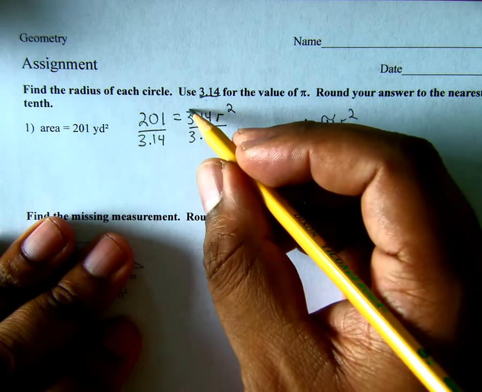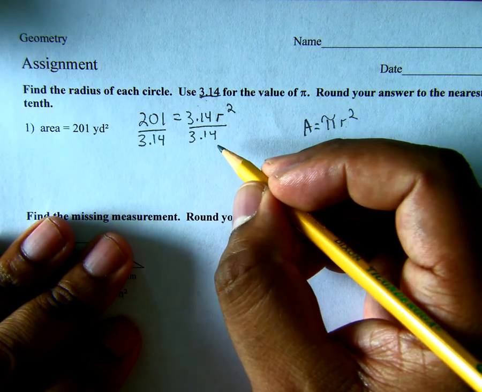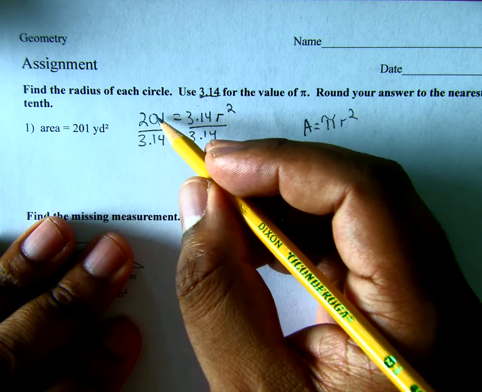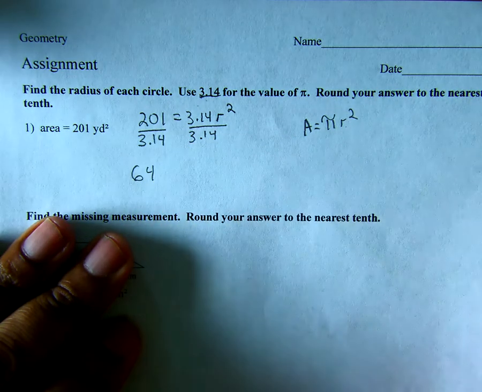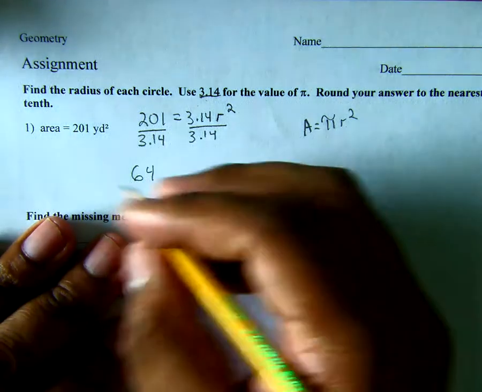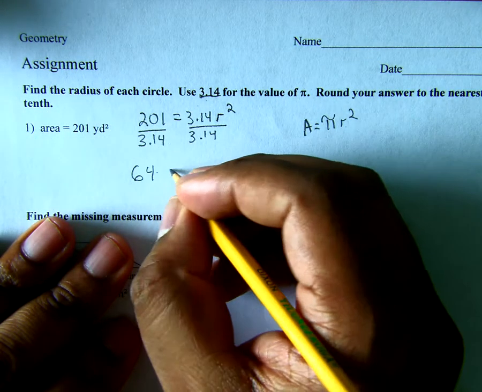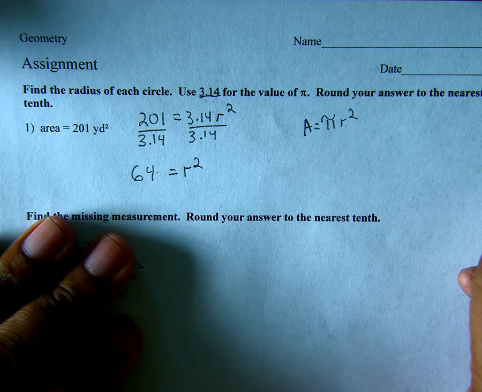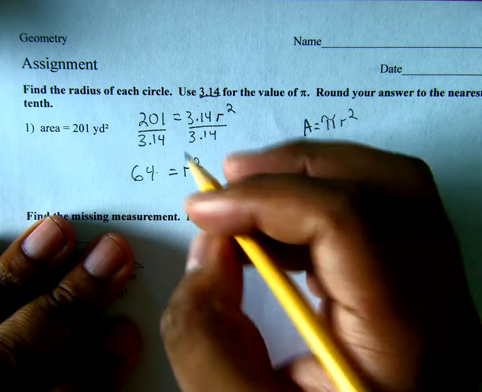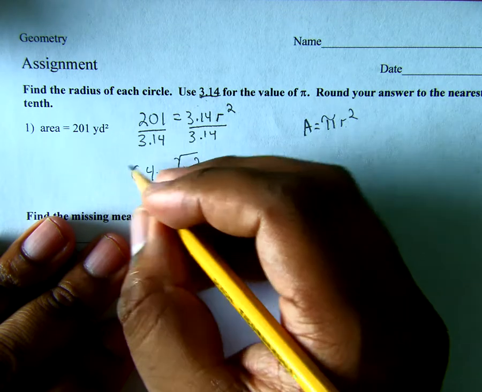Okay, and my 3.14 will cancel out here, and when I divide into this 201, I get 64.0000 with a decimal. But it's pretty much just 64 here, and what we want to do is take the square root of that because it's equal to r squared. And the inverse operation to this r squared would be the square root.